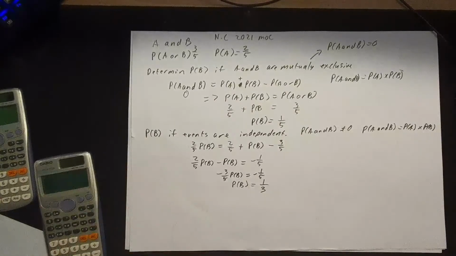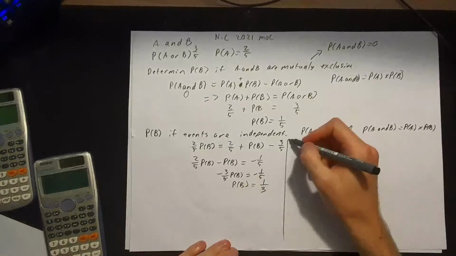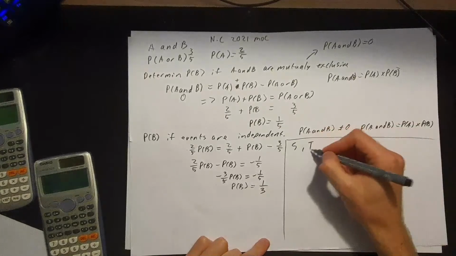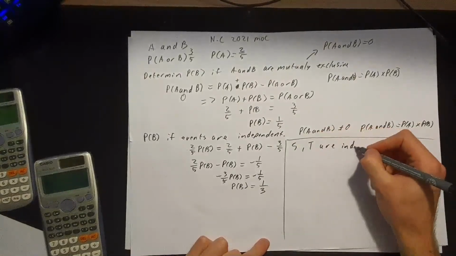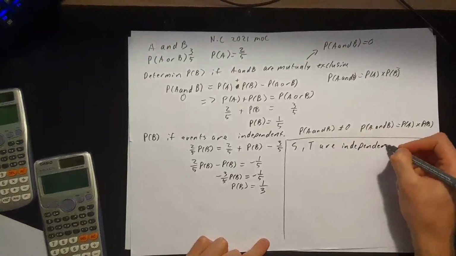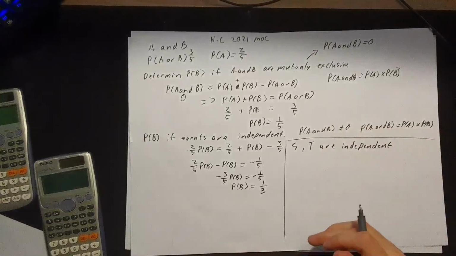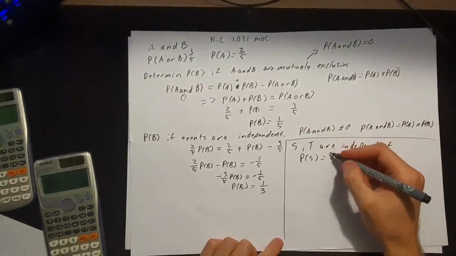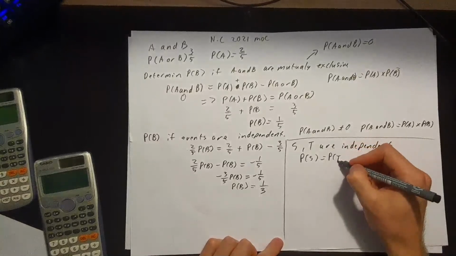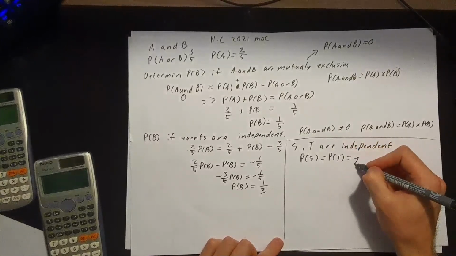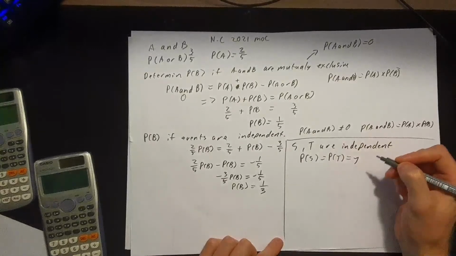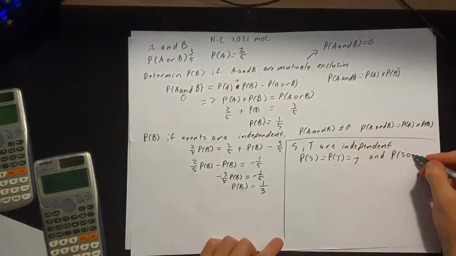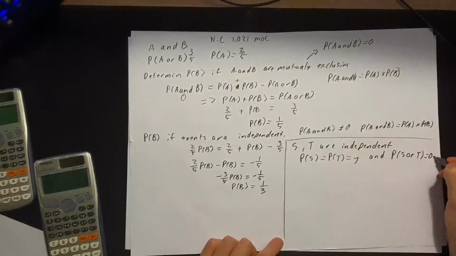They say events S and T are independent, such that the probability of S equals the probability of T, which equals Y, and the probability of S or T equals 0.84.